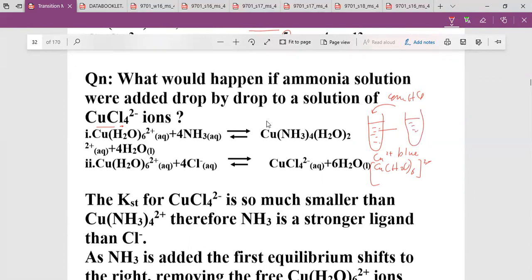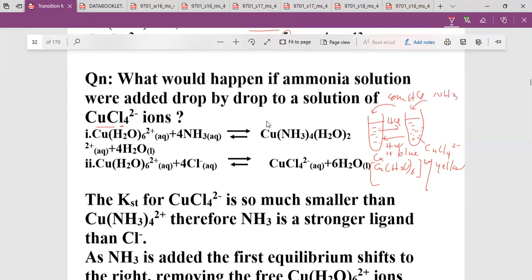So here you get CuCl4 2-, which is yellow, or yellowish green. But if you put in water, going back from HCl, you go back to Cu(H2O)6. But let's say in this case I put in ammonia.